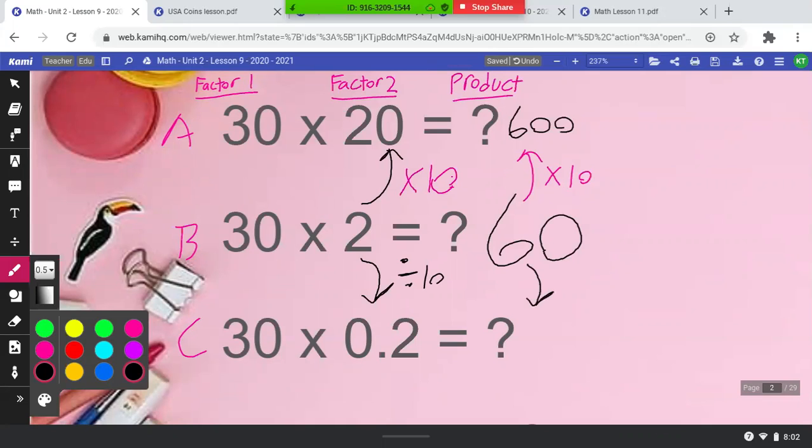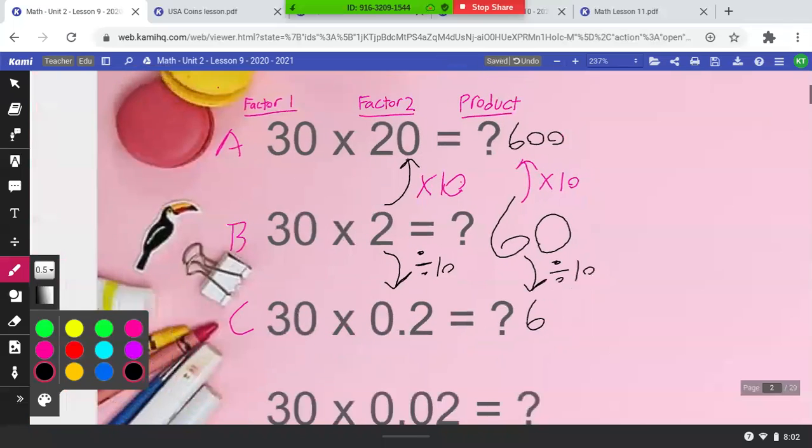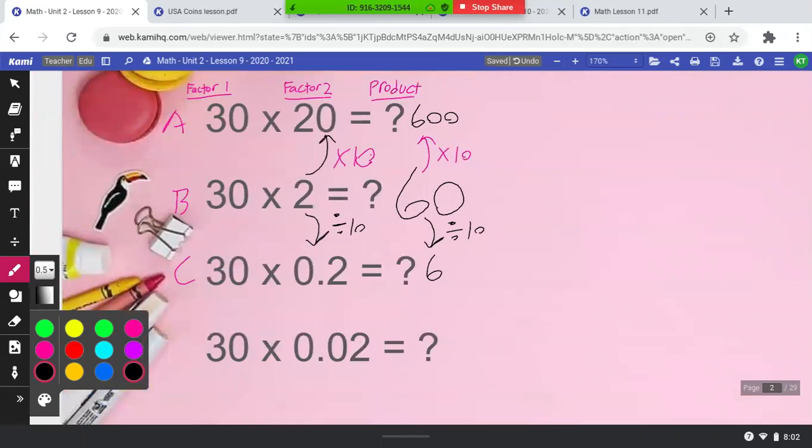When one of my factors decreases by a power of 10, the product is going to do the same thing. So 60 divided by 10 is going to be 6. That's how we can see the relationship between a factor and product.